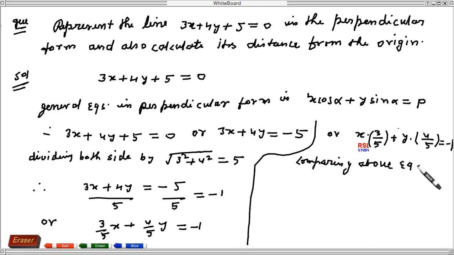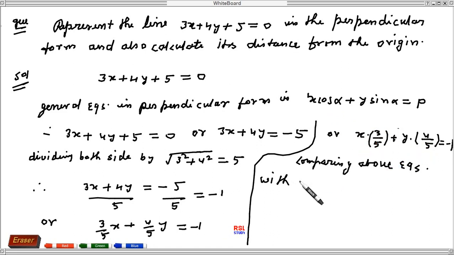We have changed the format, because here we have taken x cos alpha plus y sin alpha equal to p. Previously it was written as x by 5 by 3 and y by 5 by 4.